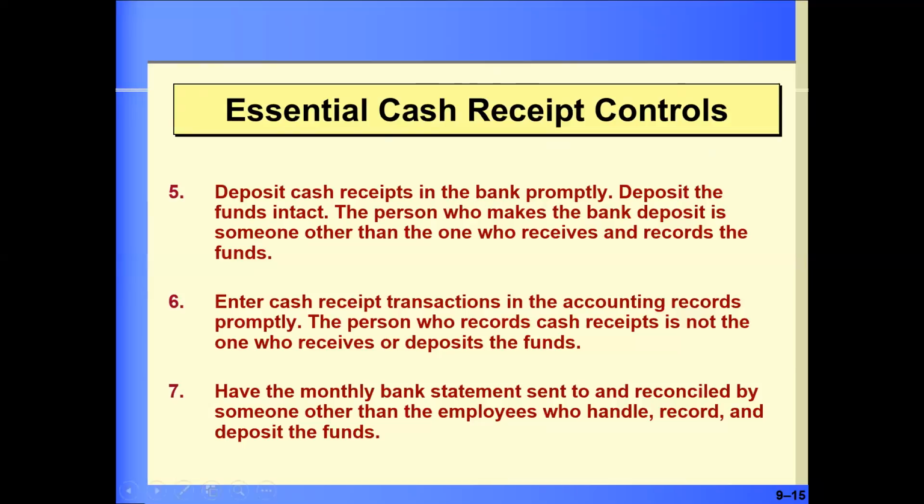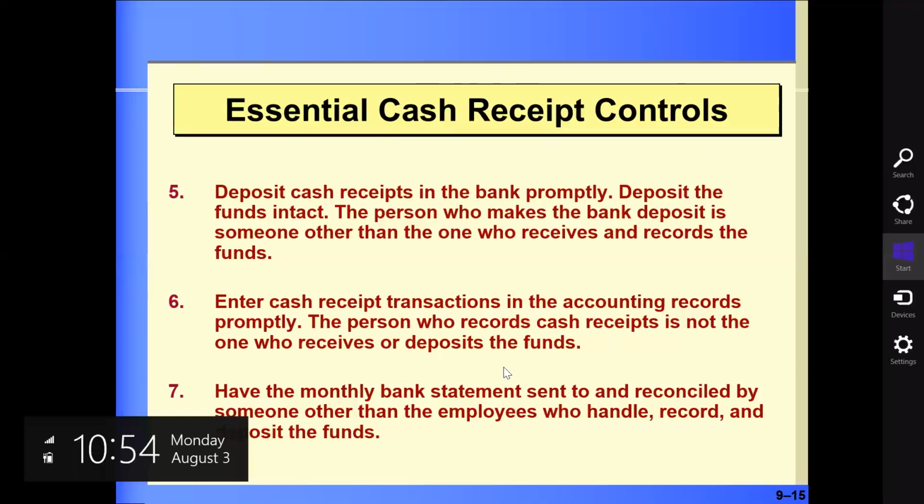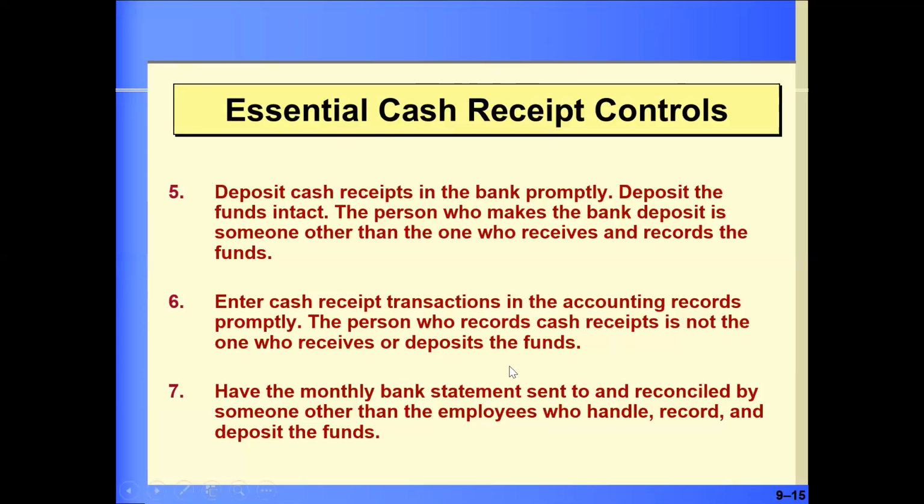Enter the receipt transactions in the accounting records promptly. The person who records cash receipts is not the one who receives or deposits the funds. So basically, the whole thing is about dividing the jobs up so that there is a check and balance system, and have the monthly bank statements sent to and reconciled by someone other than the employees handling, recording, and depositing the funds.